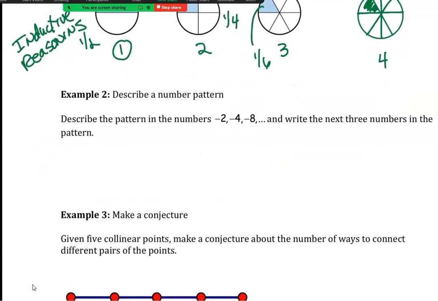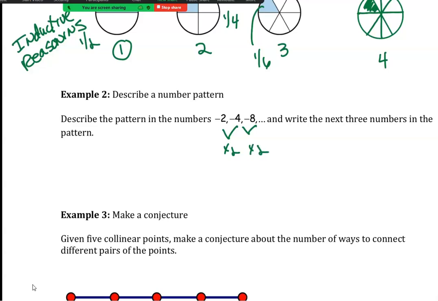Okay, example 2. Describe the pattern in the numbers. Okay, -2, -4, -8. So here I said times 2, here I said times 2.